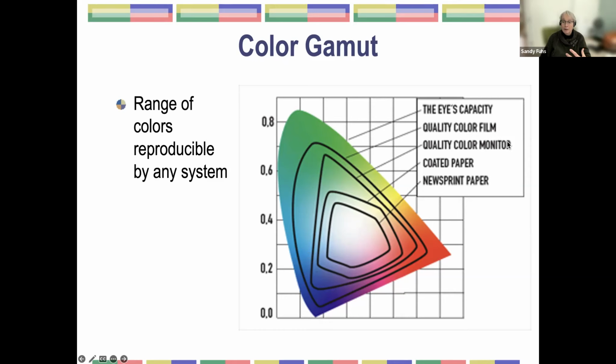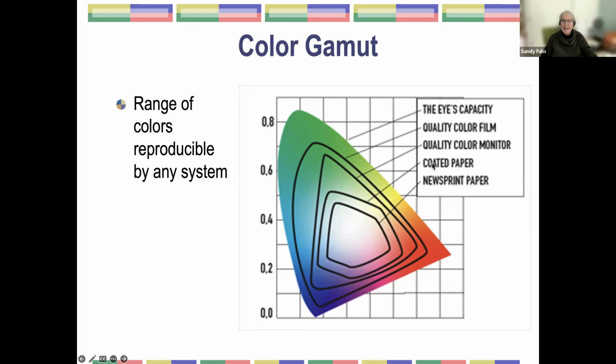Your color monitor, your display, that's even less. And that's a high quality display. A lot of laptops are even less than this. So all of these reds and greens and blues, I cannot display, but I can see outside with my eye. I can see all of these colors.